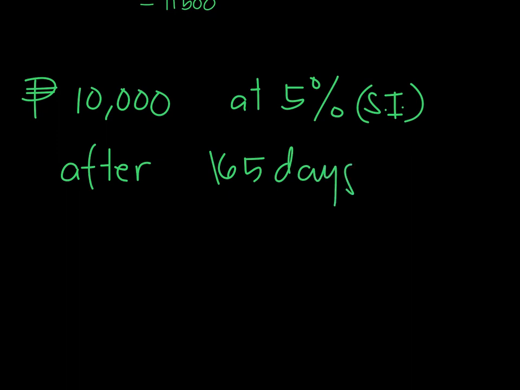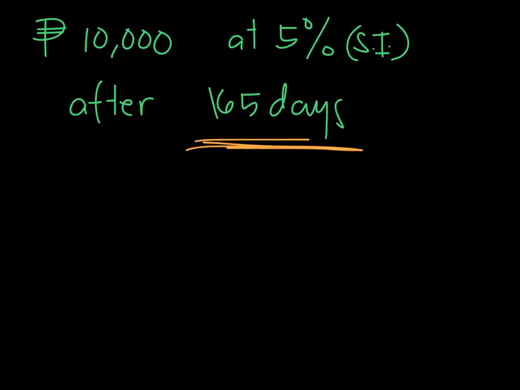So as you can see, the time is now no longer expressed in years, it is given in days. But the rule for the simple interest formula is to express the time in years and not in days. Okay, so how are we going to do that?